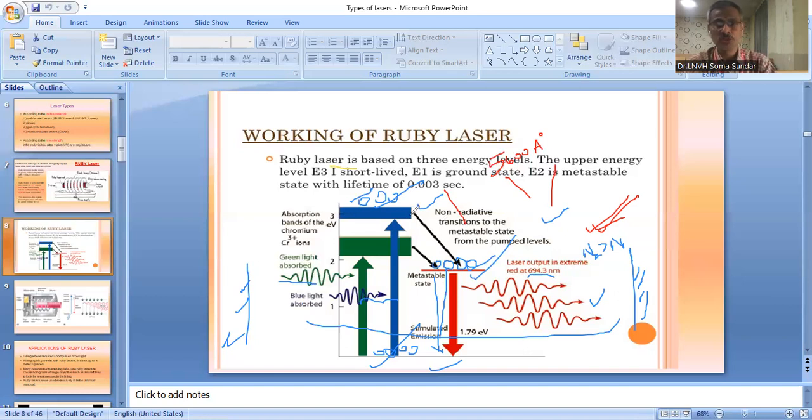In fact, we can show two metastable states because the ruby laser is said to be a 3-level solid state laser, and the helium neon laser is said to be a 4-level laser. A 3-level laser means we come across two metastable states.